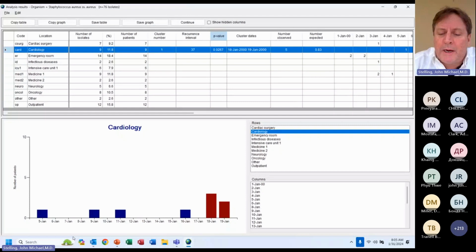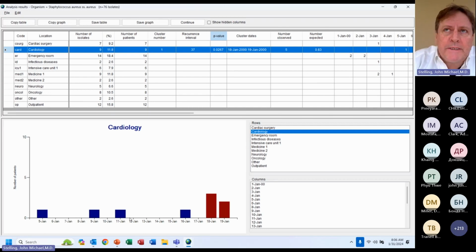So if this is a true outbreak, I would still want to investigate January 16th and January 11th and do molecular typing, because there may have been a slow start to an outbreak. So the purpose of SaTScan is not to find every case in every outbreak. It's simply to tell you that the numbers are more than I would expect. So it helps you to find possible outbreaks, and then you can investigate them in further detail.